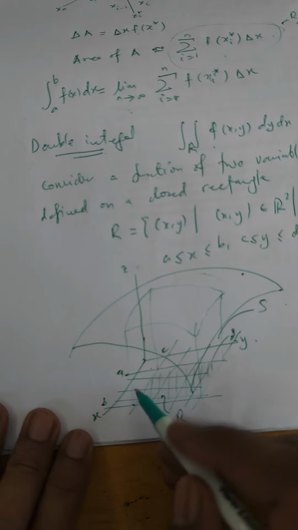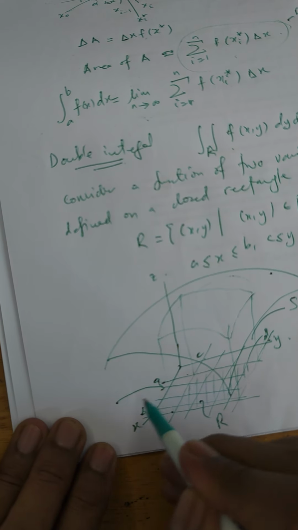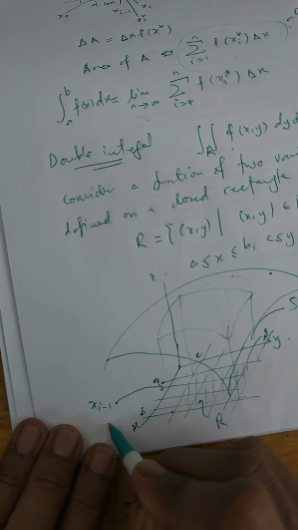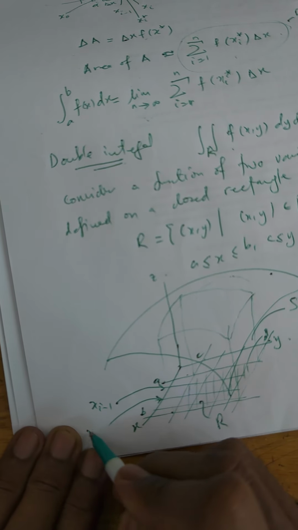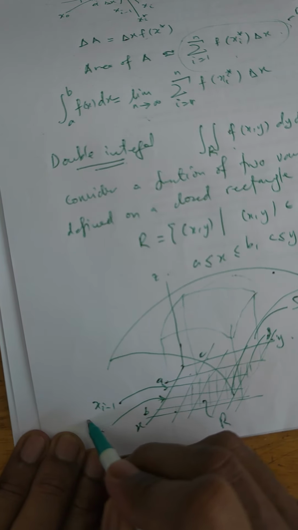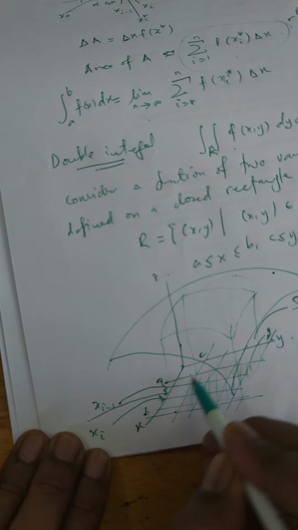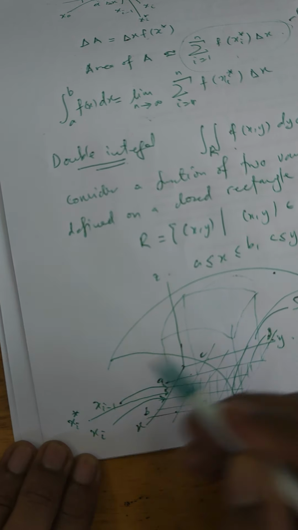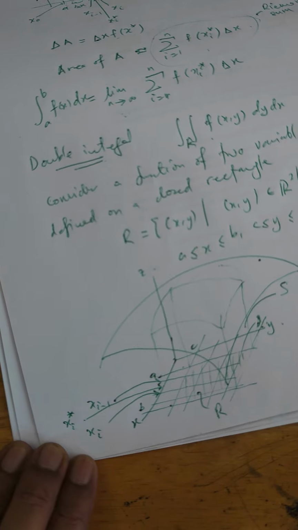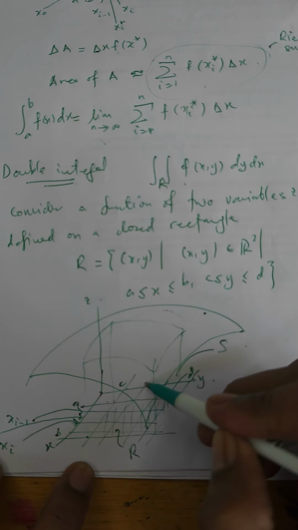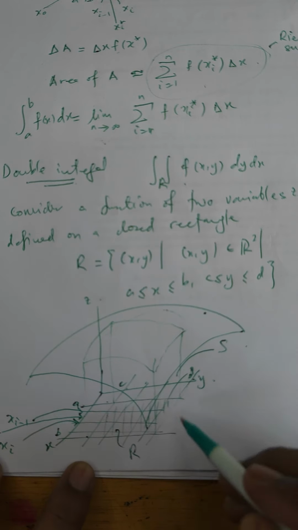Let's consider here this is x_{i-1}, and there as x_i, and you can consider a midpoint there if you want, the midpoint as x_i*. We do the same for y. So this is y_j.